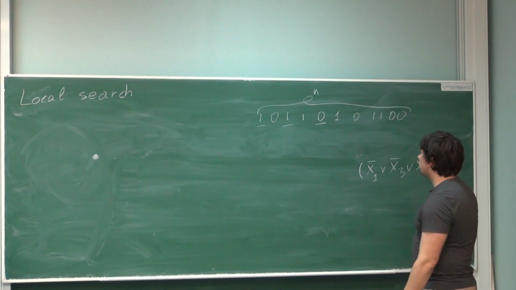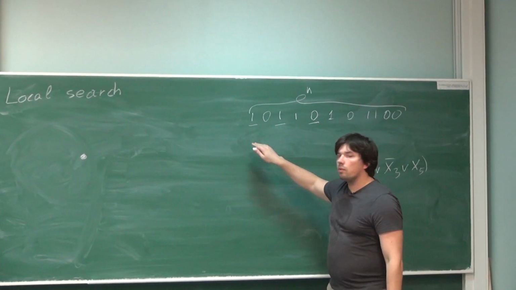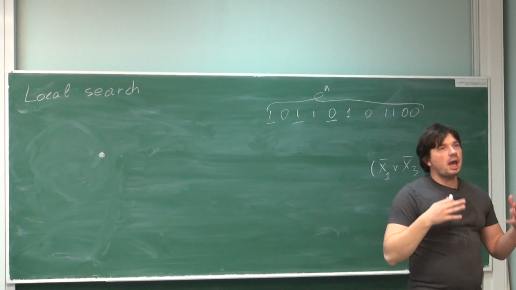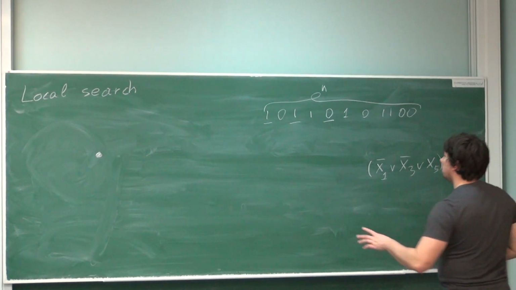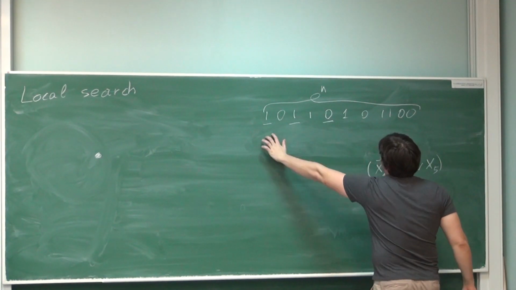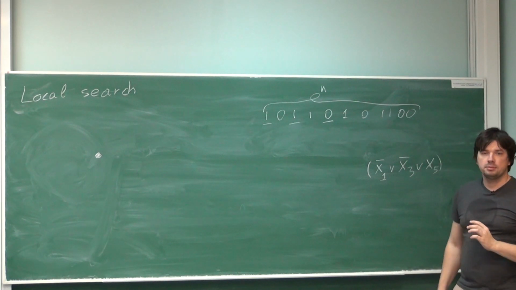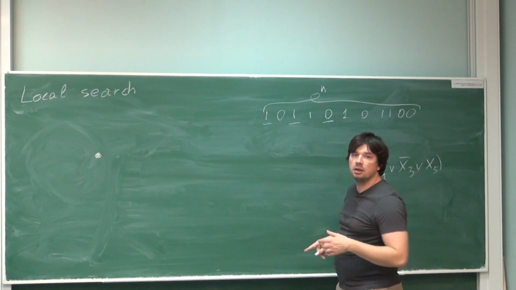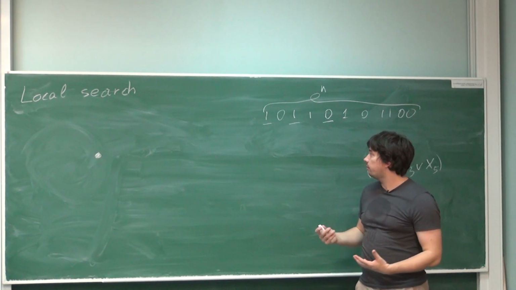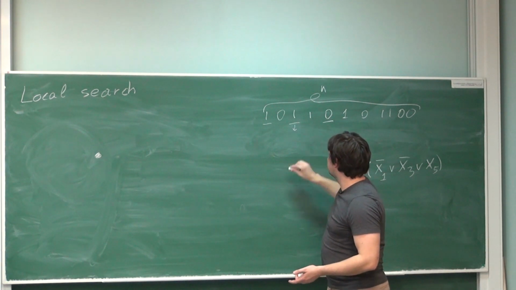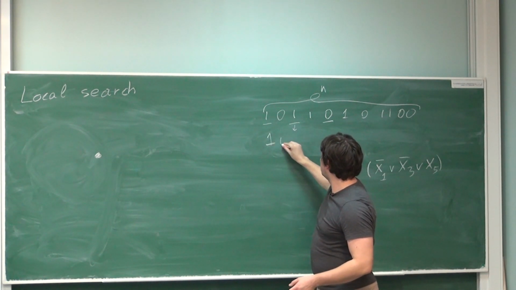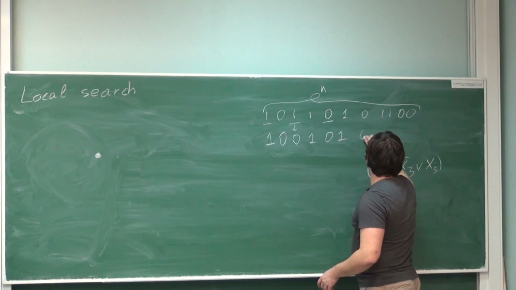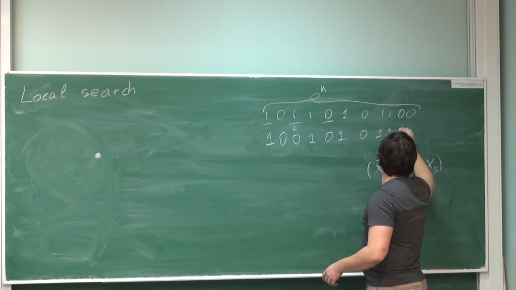We know that we are wrong in one of those three locations for sure, because any correct assignment would not have these three values here. So we pick one of those three at random and we flip it. Let's say we flip this one. So now we have 1, 0, 0, 1, 0, 1, 0, 1, 1, 0, 0.